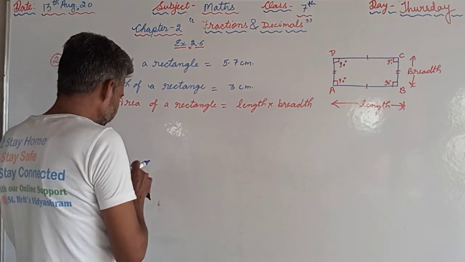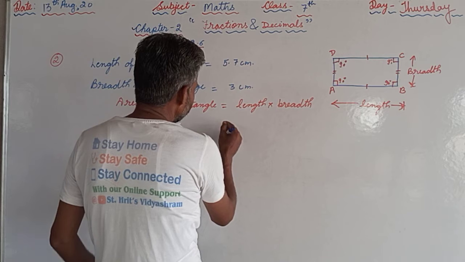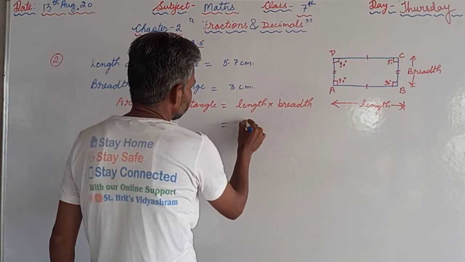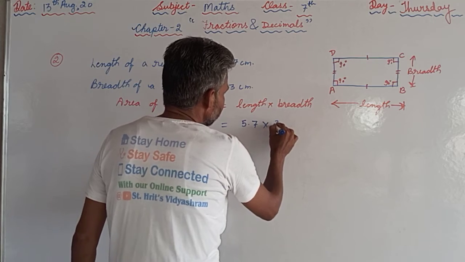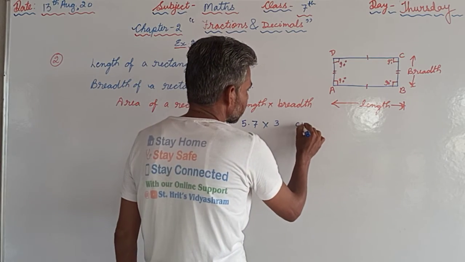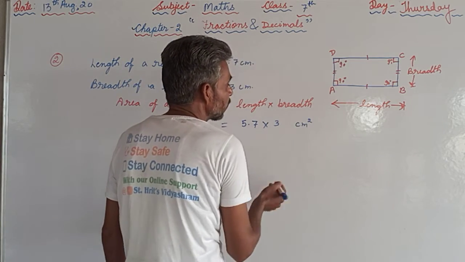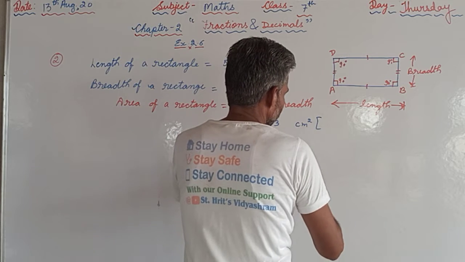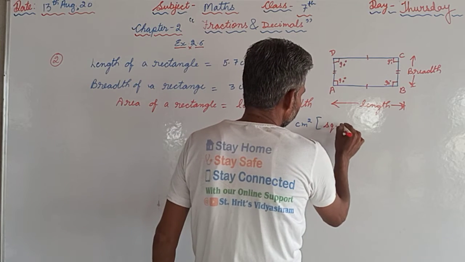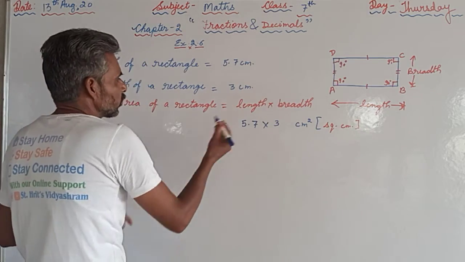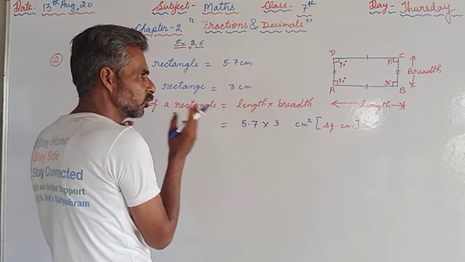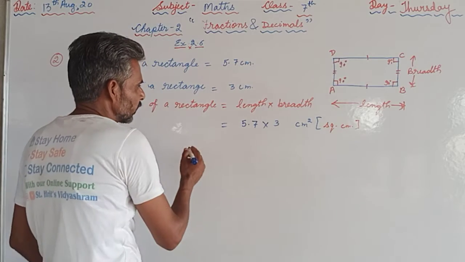So here we will substitute the values of length and breadth. The length is 5.7 and the breadth is 3, and the units will be centimeter square, or we can write square centimeters.